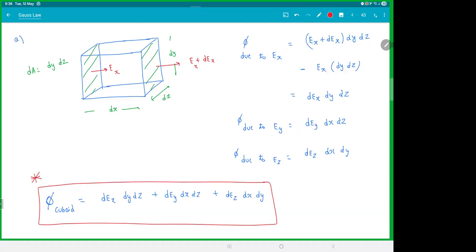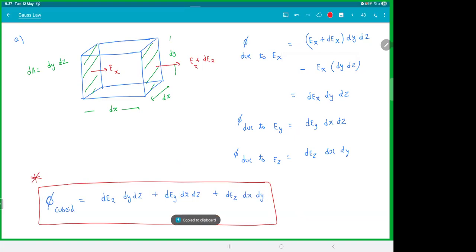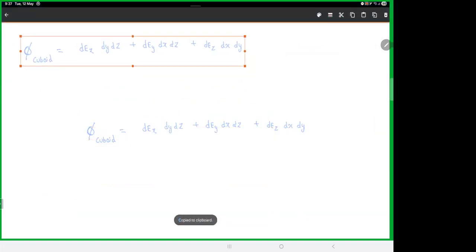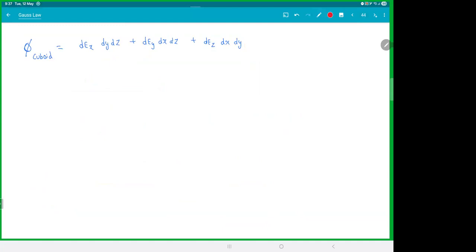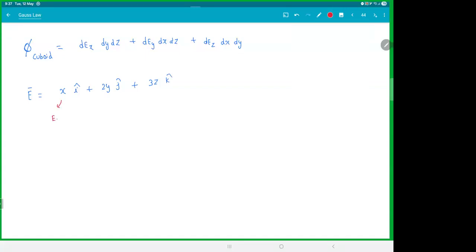And now in our question, the electric field was x i cap plus 2y j cap plus 3z k cap. So basically, this is your Ex, this is your Ey, this is your Ez.